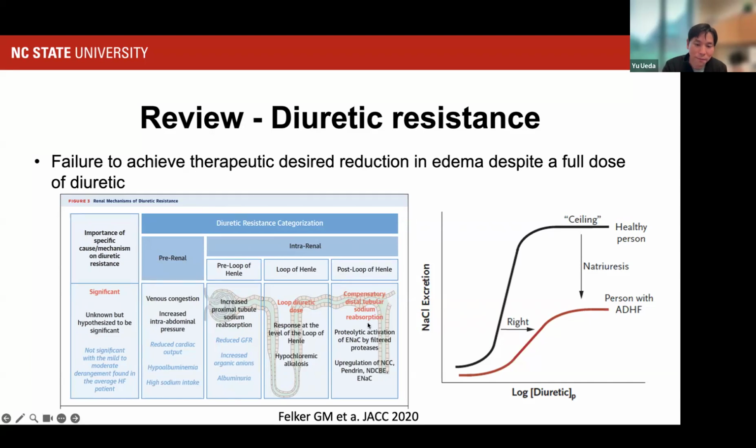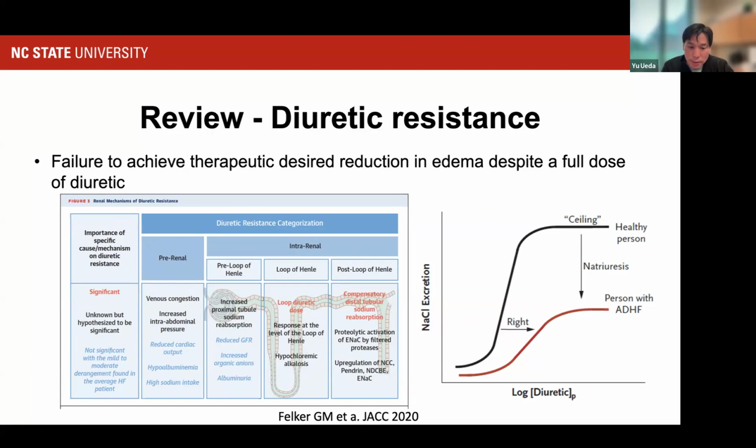Again, the most significant effect is the increased reabsorption of sodium and water at the distal convoluted tubule and the collecting duct by especially the enhanced RAS activation. But there are, again, many other effects, such as activation of the ENaC channels or transporters, or upregulation of other transporters, such as the sodium chloride co-transporters and the pendrin and the ENaC. And then I'm going to talk about this one a little bit more later in the discussion.